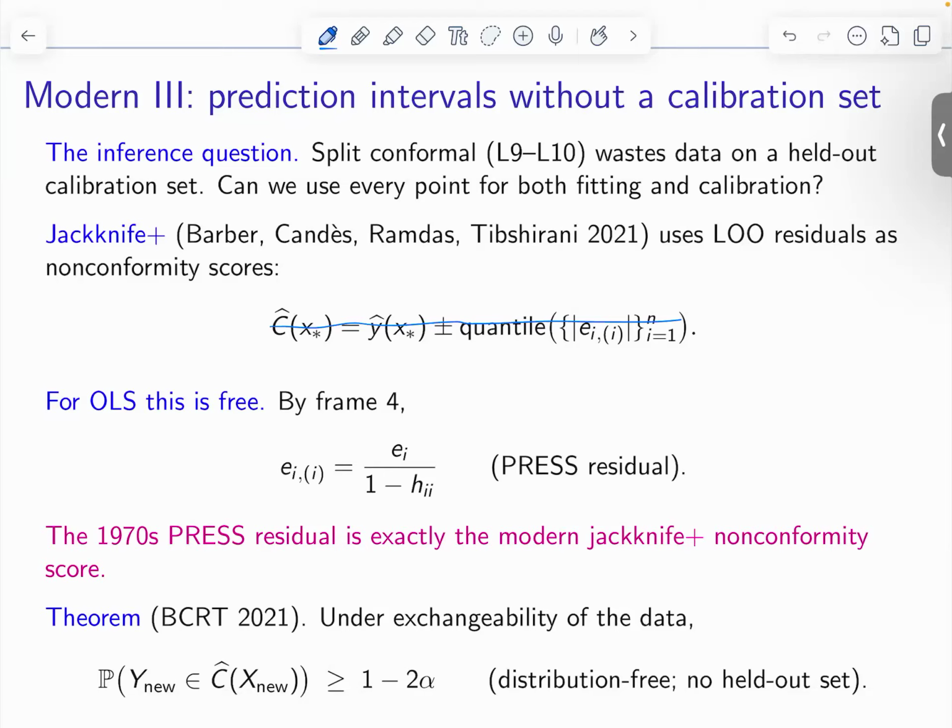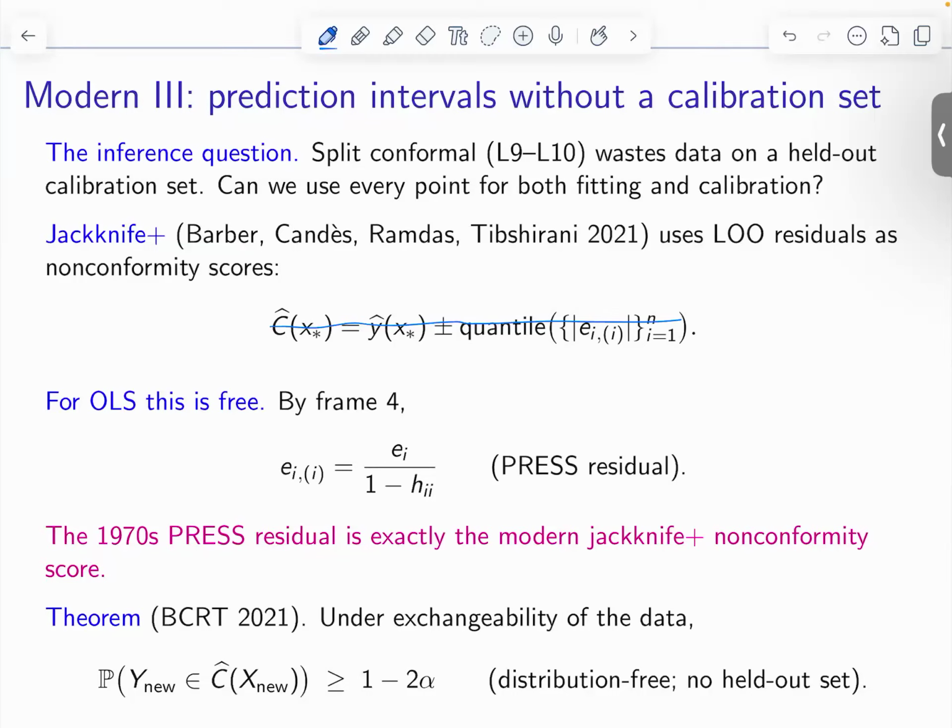So you split your data into two parts and calibrate. The calibration was that you predict the calibration set, and then based on the size of the residuals, you set the threshold for the confidence interval. That would lose some statistical power, so you're not using all your samples to fit your model. You're reserving a big chunk for calibration.